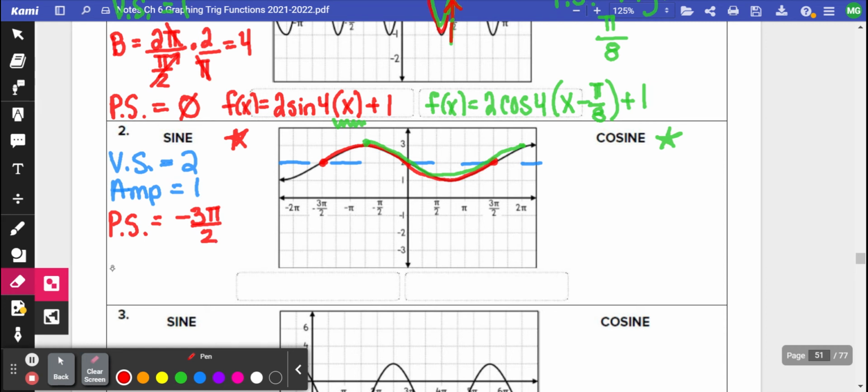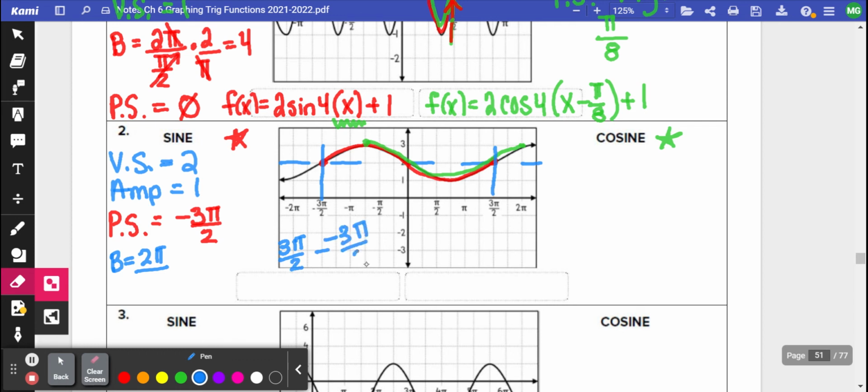And for our b value, it is 2 pi divided by the period. Let's see what this period is. It goes from negative 3 pi over 2 to positive 3 pi over 2. So we have to ask ourselves, what's 3 pi over 2 minus negative 3 pi over 2?